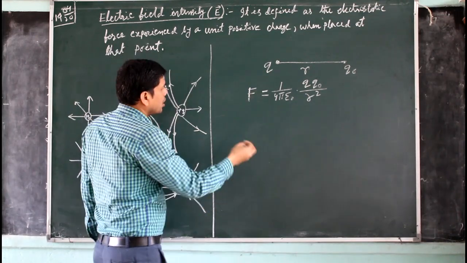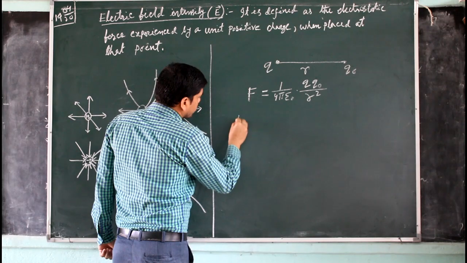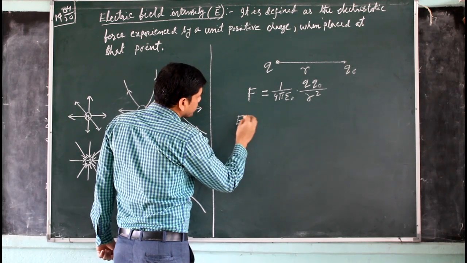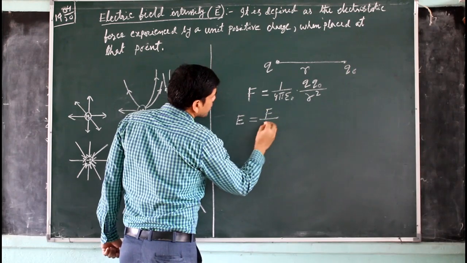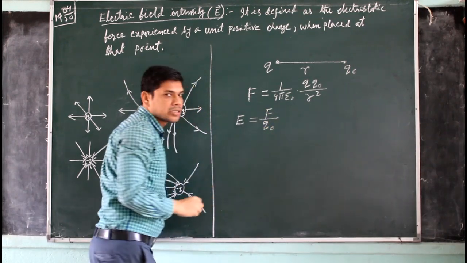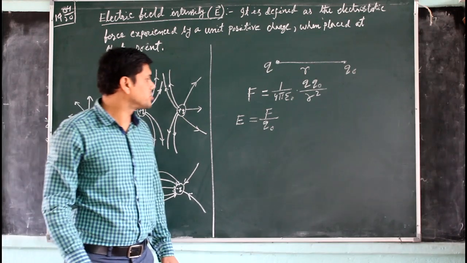Now the electric field in mathematical form is E equal to F by Q naught. Here Q naught is the positive test charge.